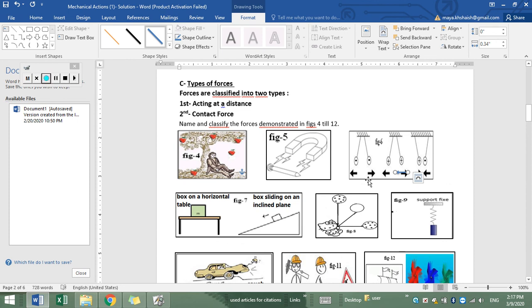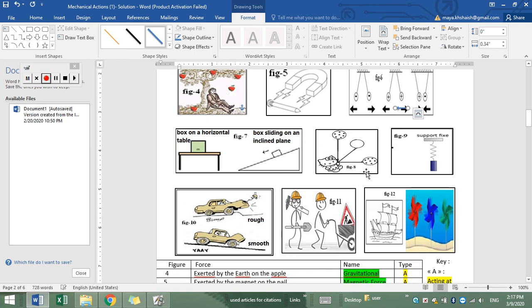Okay. In figure 7 we have a box on a horizontal table and a box sliding on an inclined plane. In figure 8 there is a kitty holding balloons that are positively charged. In figure 9, a support with a spring holding a certain mass. In figure 10, a car moving on a rough road and another car moving on a smooth road.